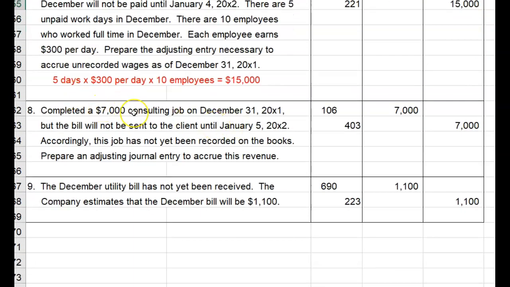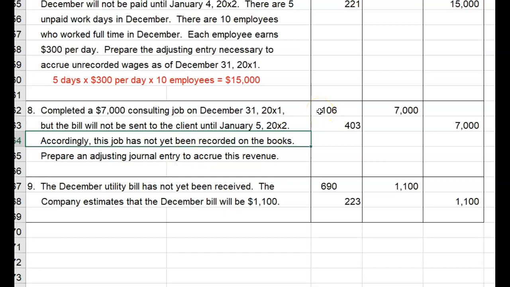Completed a $7,000 consulting job on December 31st, 20X1, but the bill was not sent to the client until January 5th, 20X2. Accordingly, this job has not yet been recorded on the books. Prepare an adjusting entry to accrue this revenue. No calculation is necessary.